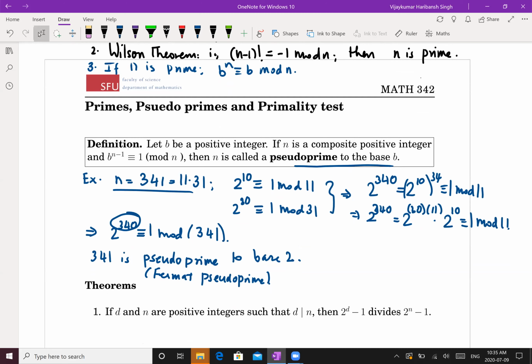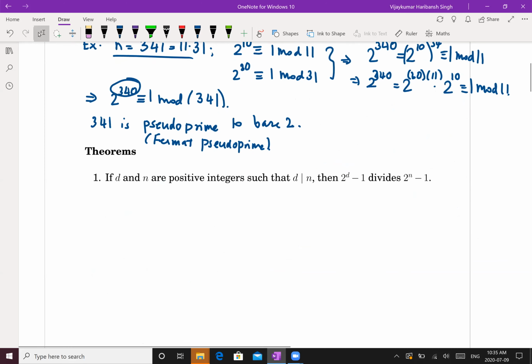So for that, we'll need the following result. If d and n are positive integers and d divides n, then 2 to the power d minus 1 divides 2 to the power n minus 1.